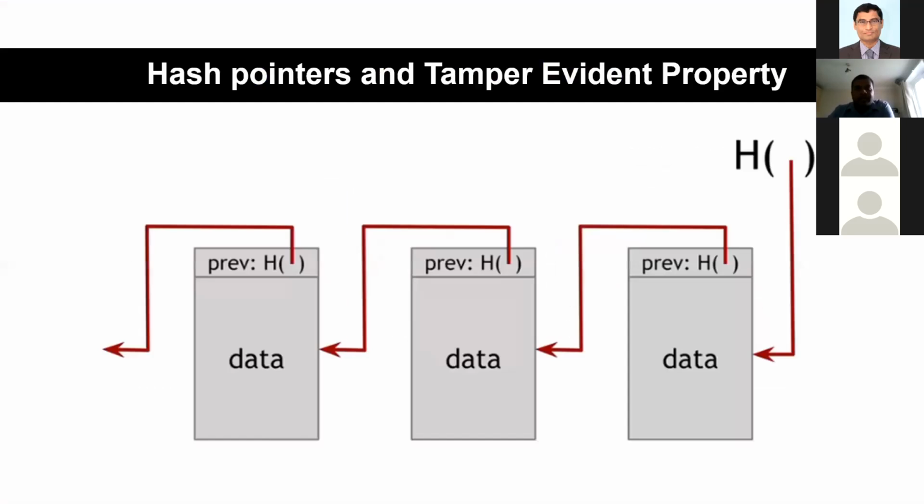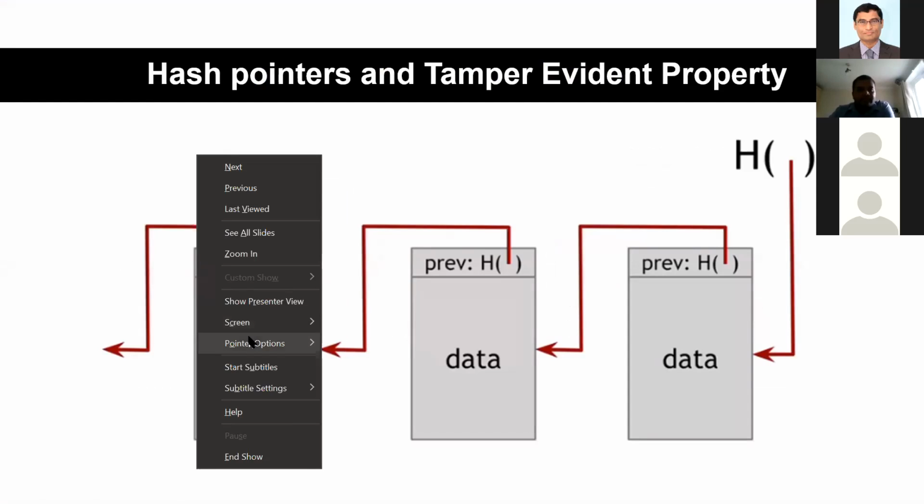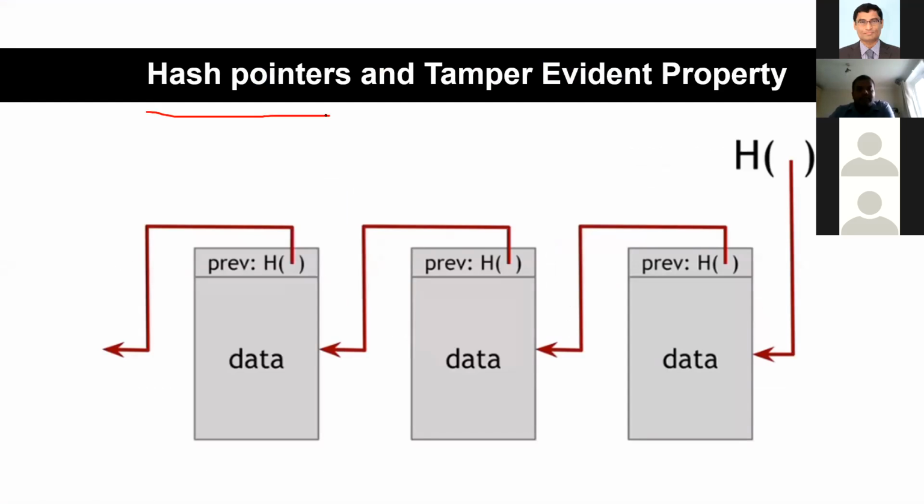So the first one is, read about hash pointers. People use hash pointers in databases and data structures, and hash pointers are one of the popular techniques people use to reduce data storage and increase search efficiency as well. In the blockchain, this is what happens. People input the first block, and that's the data for the first block.